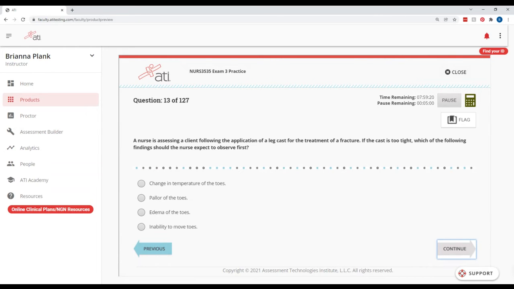Okay, we have a leg cast, they had a fracture. If the cast is too tight, what are we going to expect to observe first? So at some point we might see all of these. Which one do we think would be the first symptom that the cast is too tight? B. I think so.